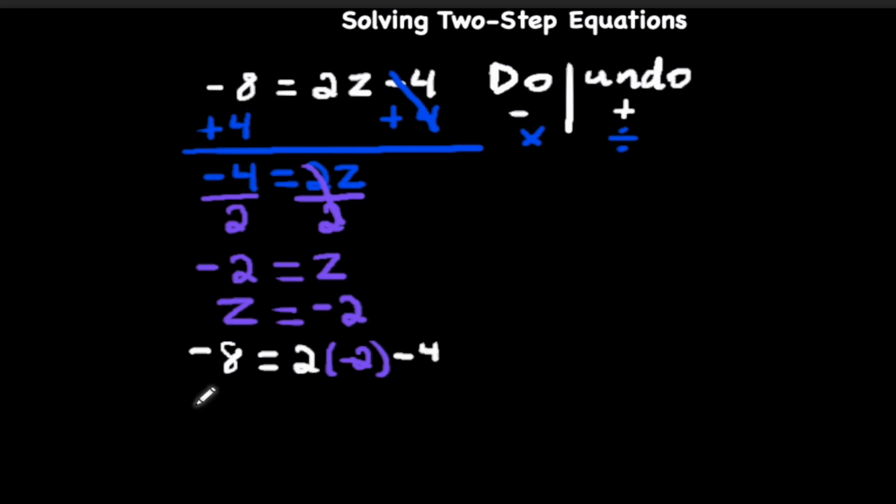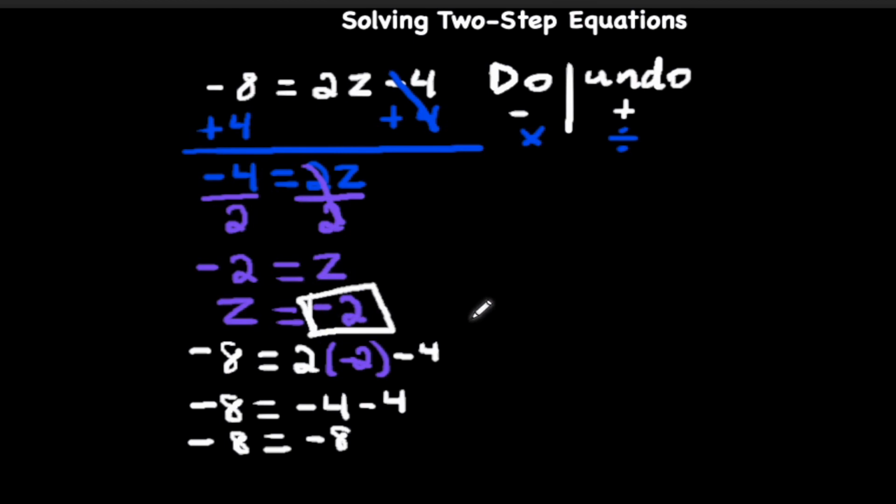Okay, so we have negative 8 equals 2 times negative 2, which is negative 4, minus 4. And as you can see, negative 8 does equal negative 8. So that means our solution of z equals negative 2 is correct.